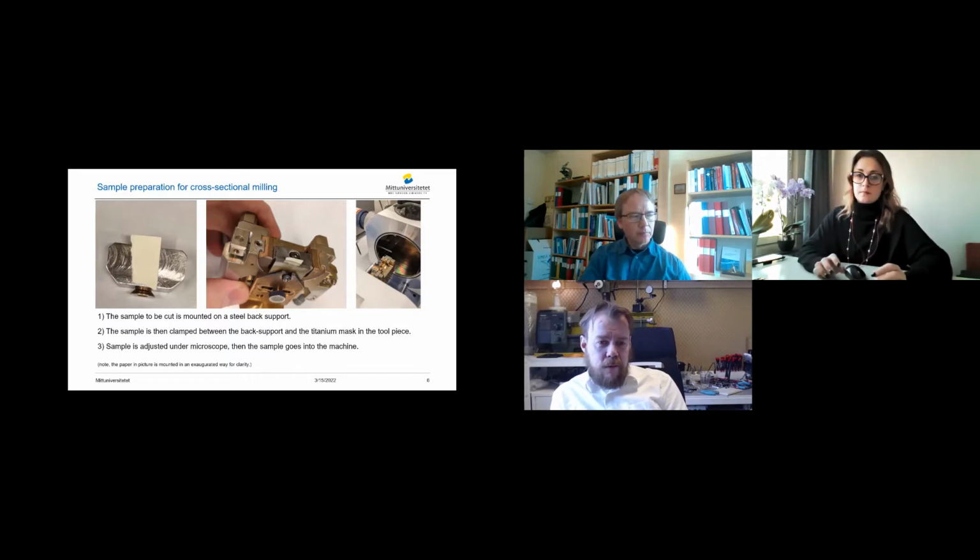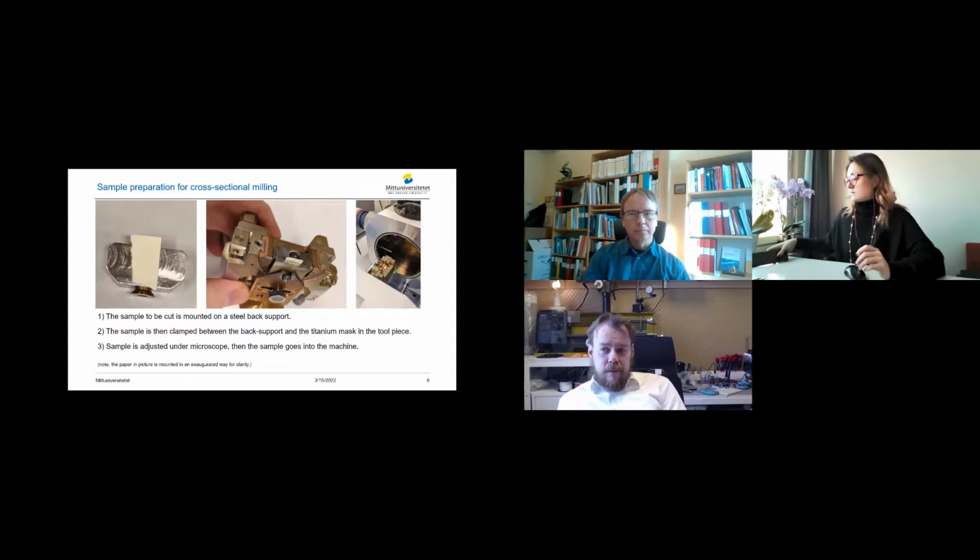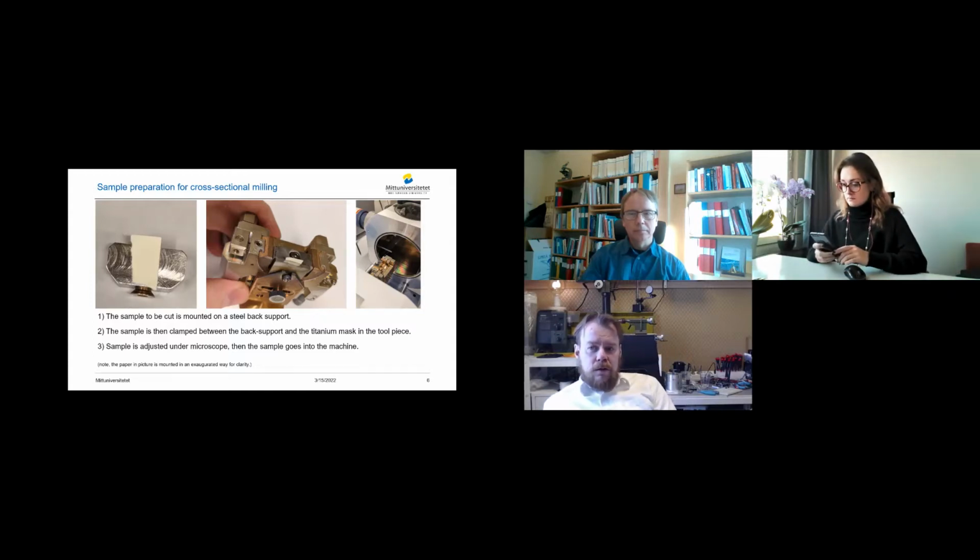So what we see here on the left image is a typical paper substrate that we want to analyze. You mount this paper substrate on a back steel support piece, that's the thing you see in the picture.